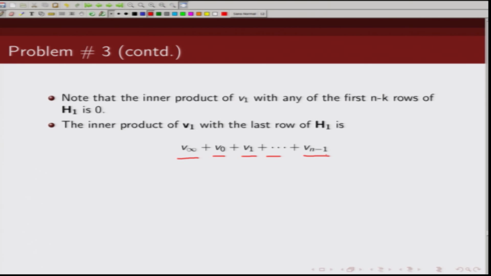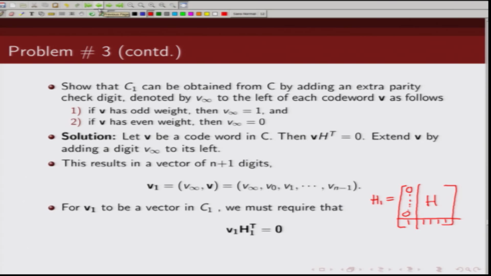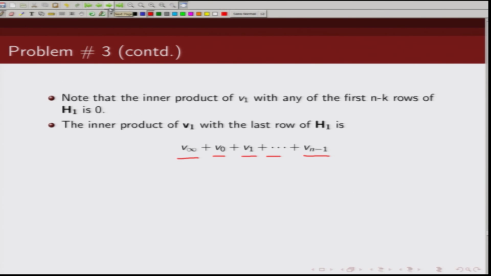Now, how are we getting this condition? Again, we are making use of the fact that V 1 H 1 transpose is 0, and H 1 is of a form like this. When we do V 1 H 1 transpose, the last row of H 1 becomes the last column in H 1 transpose. If we multiply V 1 with that column, we get something of this form. This should be equal to 0 if V 1 is a valid code word.